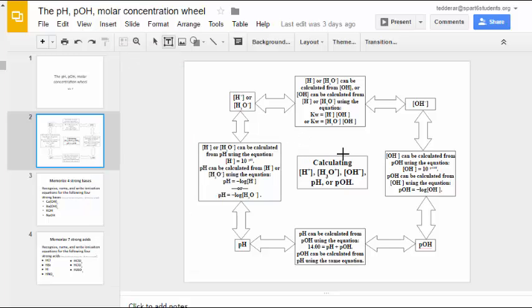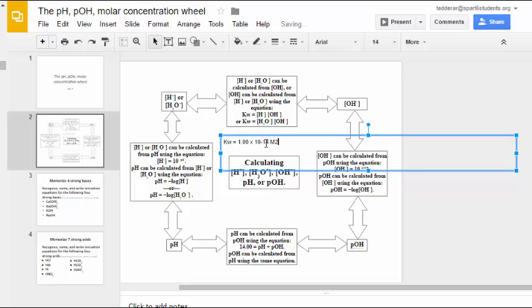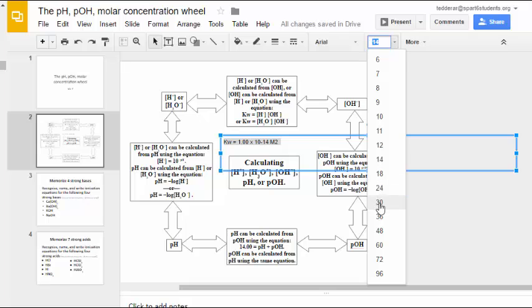See if I can add it in here really quickly for you. So Kw equals 1.00 times 10 to the negative 14 molar squared. See if I can make that size a little bit bigger, make it easier to read. How about that?